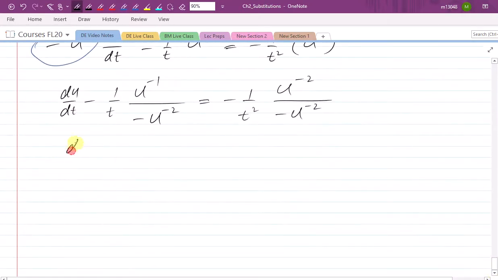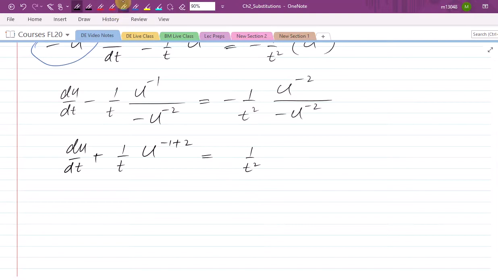So du by dt, minus becomes plus because of this minus, plus 1 over t u equals 1 over t square, and this again u minus 2 cancels and this minus will make plus.